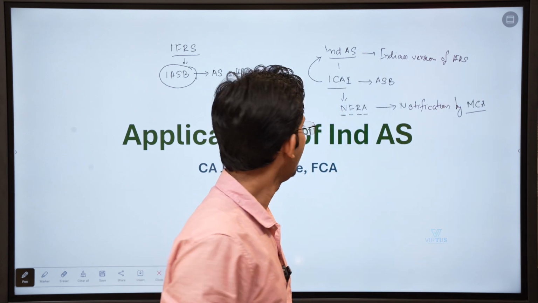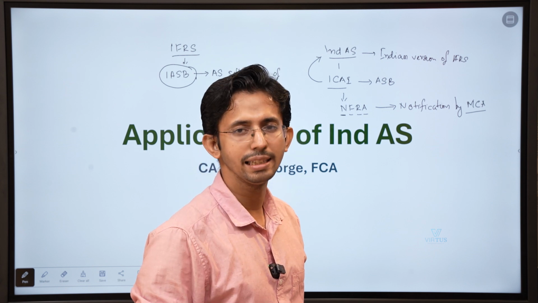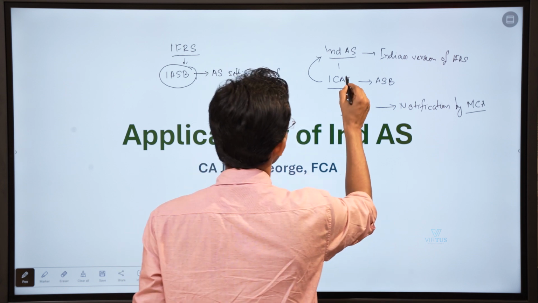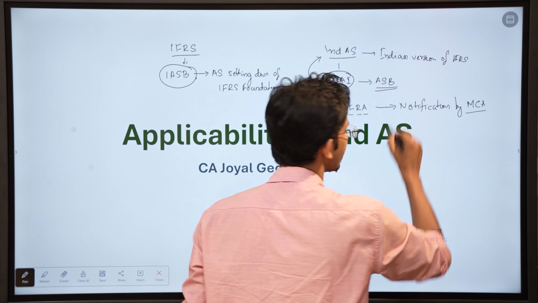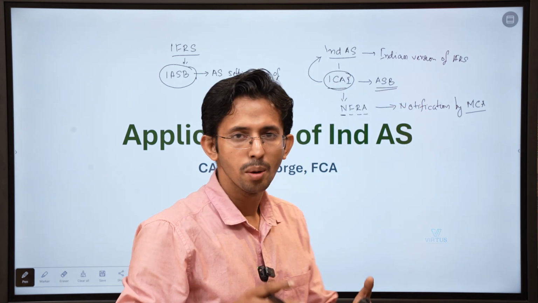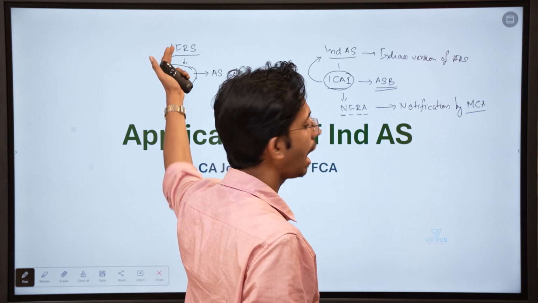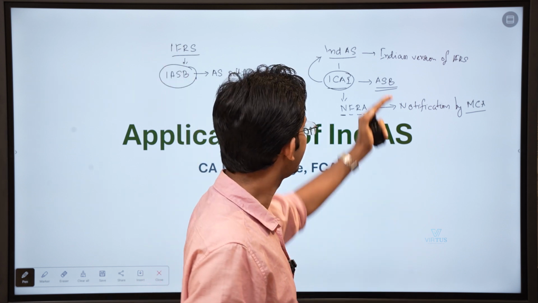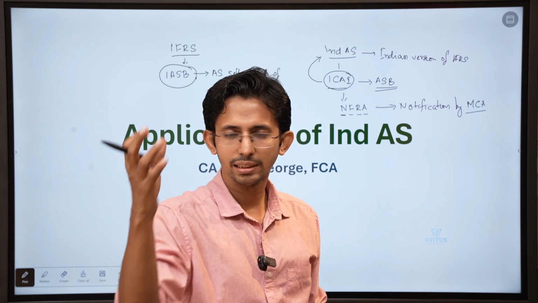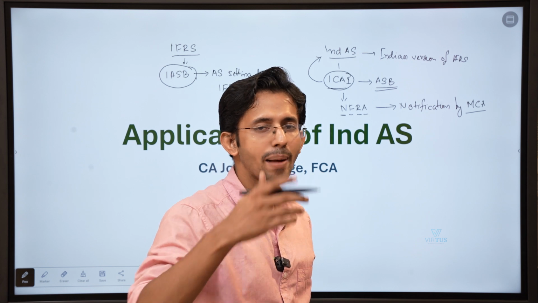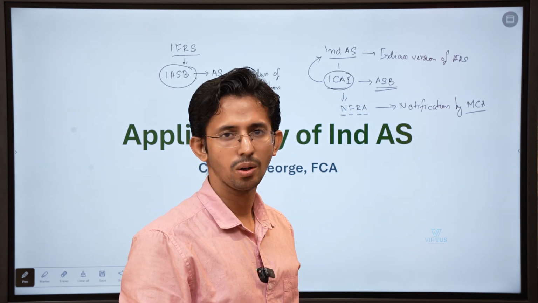So in India, we need three major players for issuing the IND AS standards. The first is the primary standard setting body, that is ICAI and its Accounting Standards Board division, which primarily issues accounting standards in line with what? IFRS. They look at IFRS, and whenever there is a new IFRS standard, they adopt it here by making small modifications, additions and deletions.